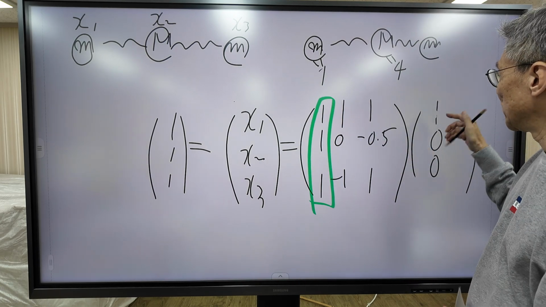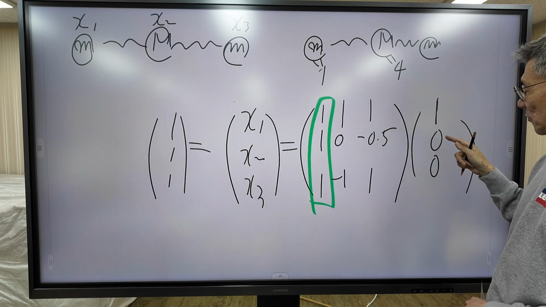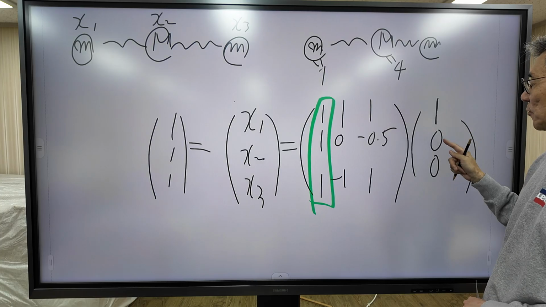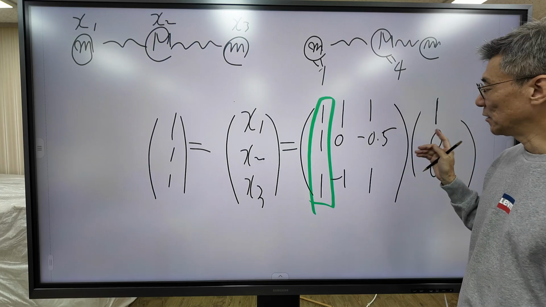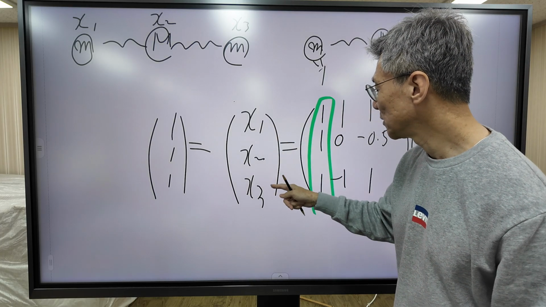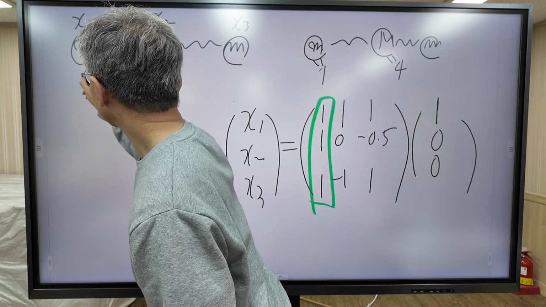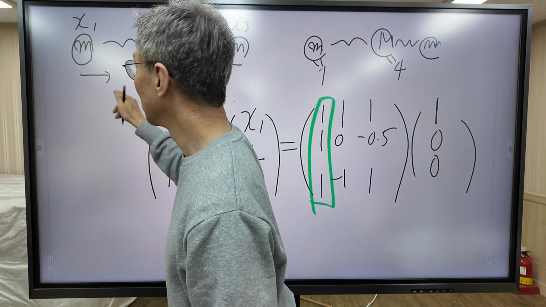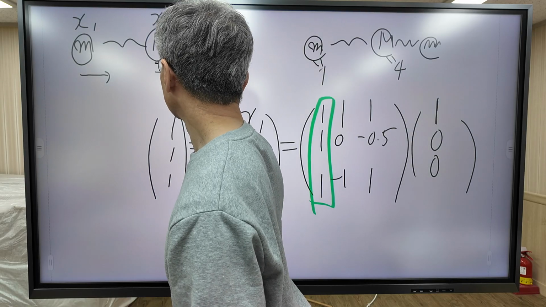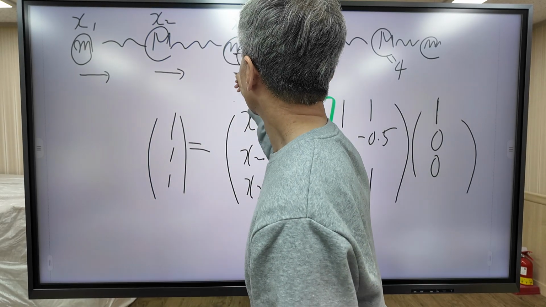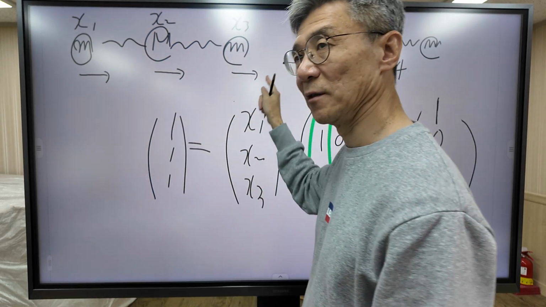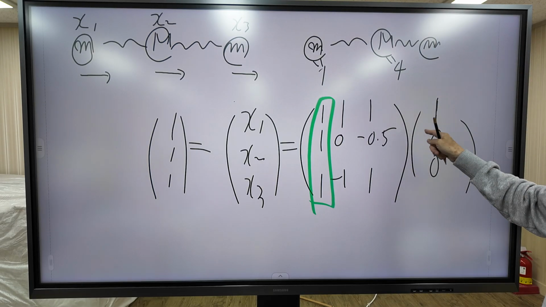So when Q1 equals 1 and Q2 and Q3 equal 0, it returns X1, X2, X3 as 1, 1, 1. So this arrow moves right by 1. This arrow moves right by 1. This arrow moves right by 1 when Q1 equals 1.